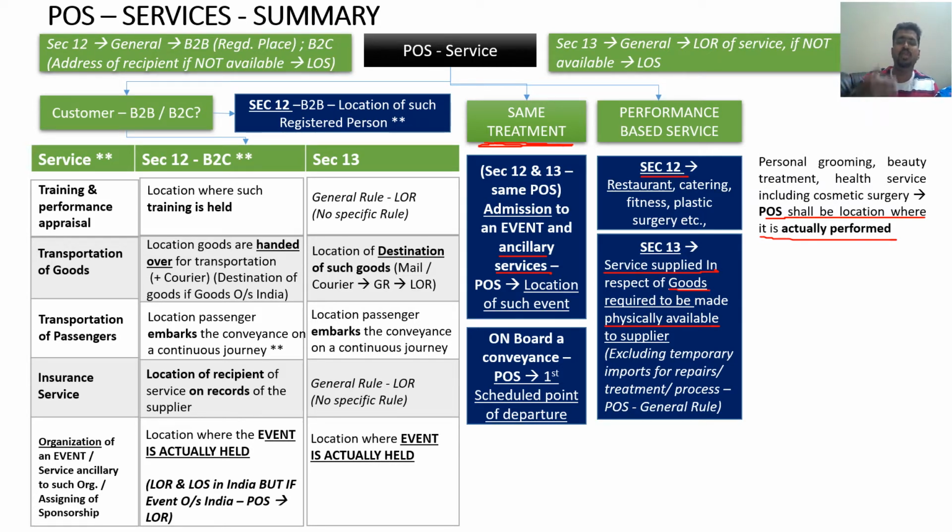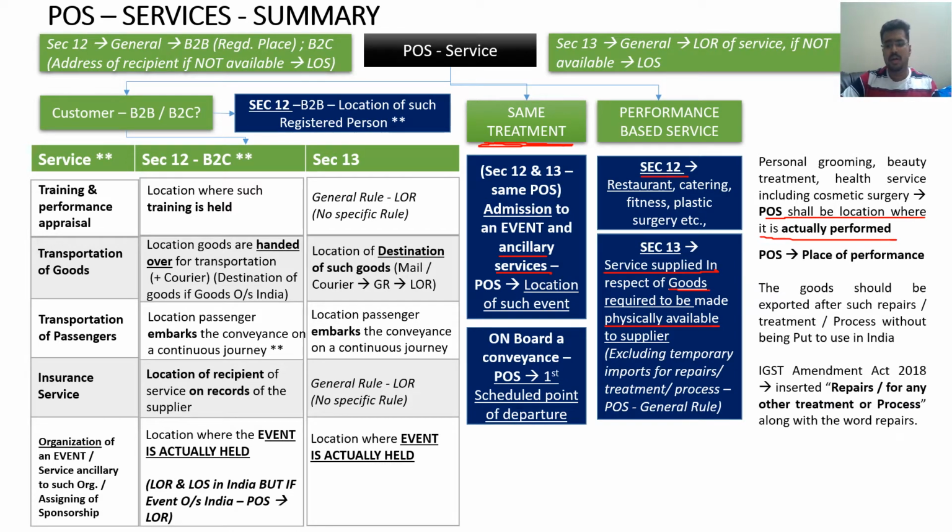Someone makes the goods available to the supplier, and the supplier is providing a service in respect of such goods, right? So in that case, the law says the place of supply will be the place where the service is performed. Let's see an example of this, right?